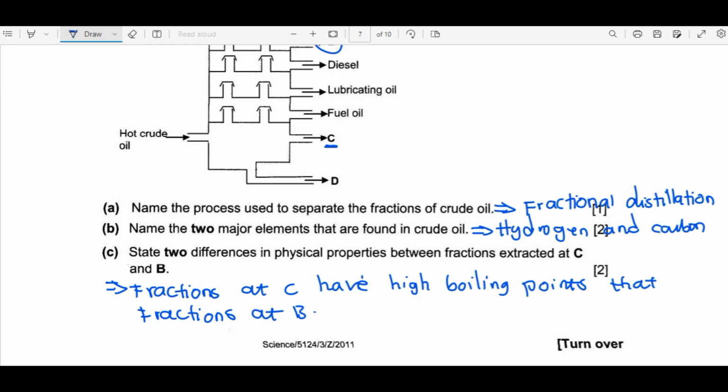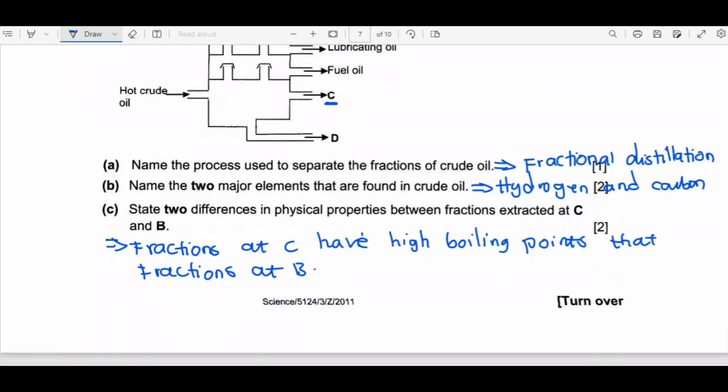Then the other difference, since we have mentioned boiling point, we can look at the melting point.